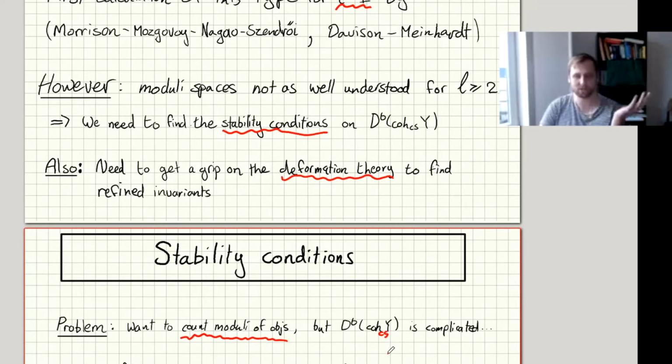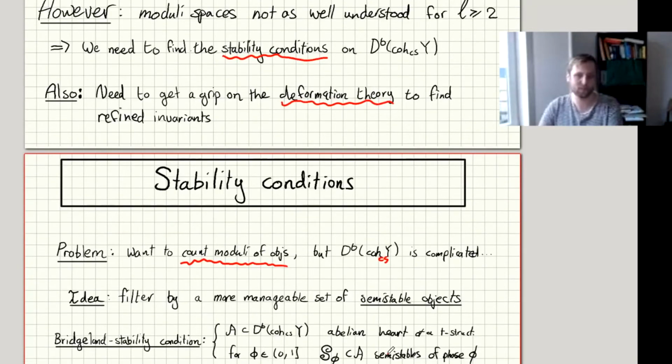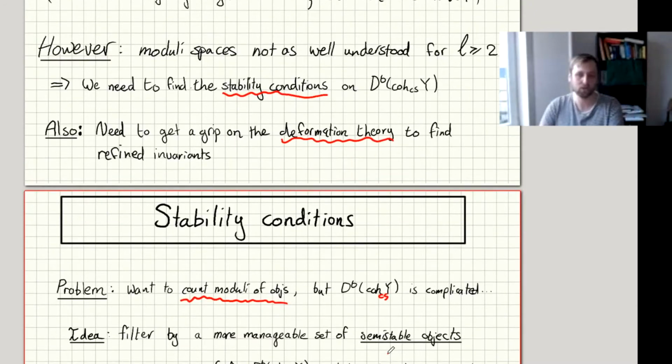Describing moduli spaces is very difficult, but you can break them down into more manageable pieces if you find some way of filtering your objects. And that's where the stability conditions come in. So the idea is that you want every object to have a unique filtration by some manageable set of objects, which we call the semistable objects.